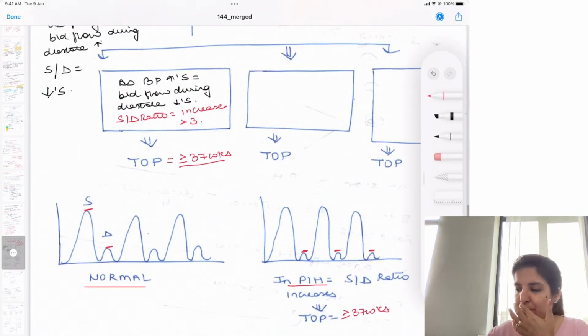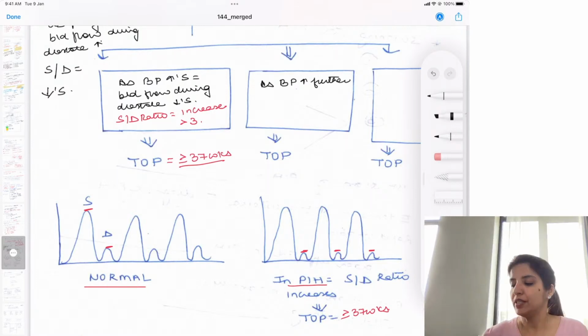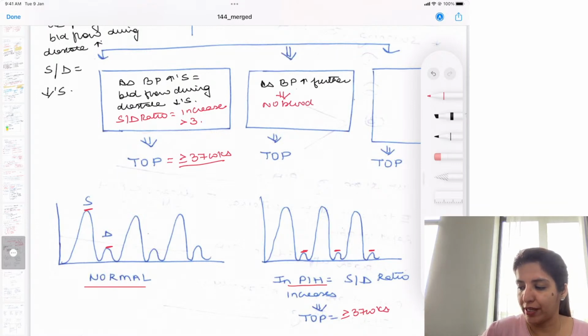Now as BP increases further, what will happen? As BP increases further, there will be no blood flow during diastole. No blood flow during diastole.